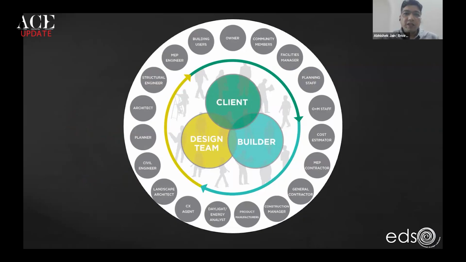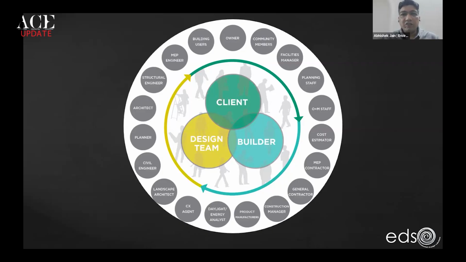The design team is supplemented by various design partners, which may include an architect, planner, civil engineer, MEP engineer, and depending upon the scale of the project, there can be 3 or 4 design partners to as high as 50 or 60 different design partners.